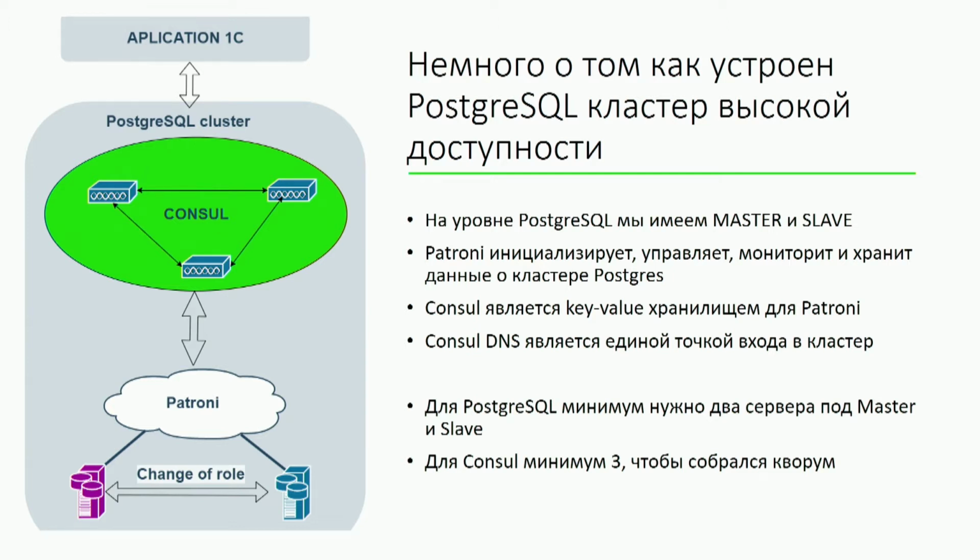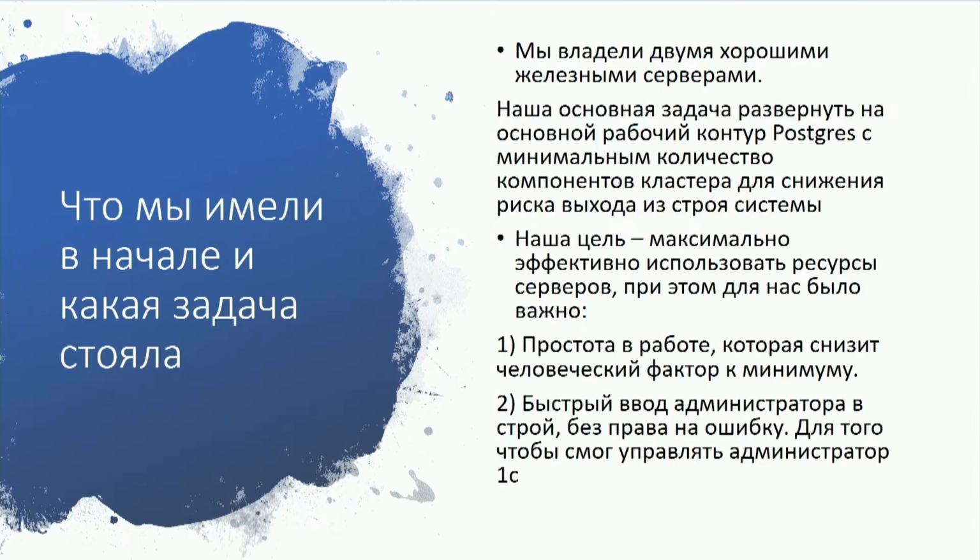Patroni stores all data in Consul, and Consul performs the DNS resolver role as well. And then we have 1C. On application servers, we install the Consul DNS client, and this is how we ensure access and connection to our databases.